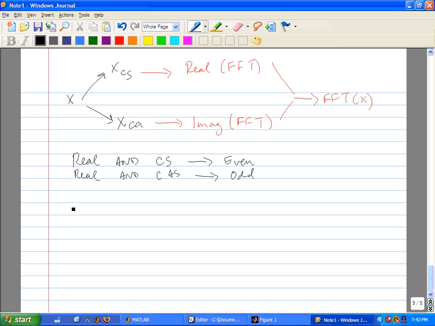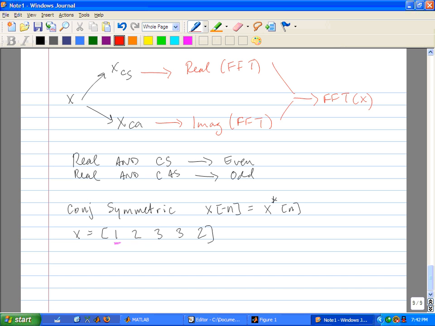Remember, conjugate symmetric means that x of negative n is the conjugate of x of n. So, for example, if x equals 1, 2, 3, 3, 2. So x of 0, no big deal, it's conjugate symmetric with itself.